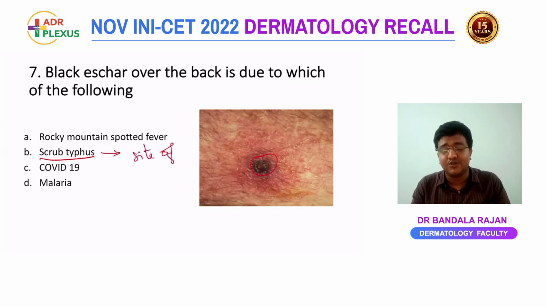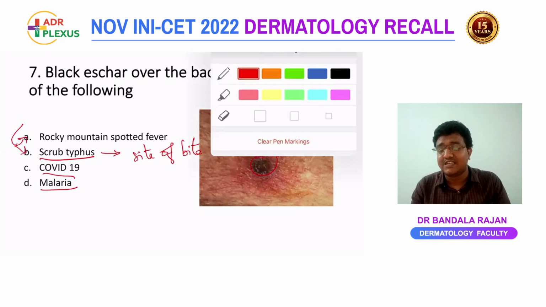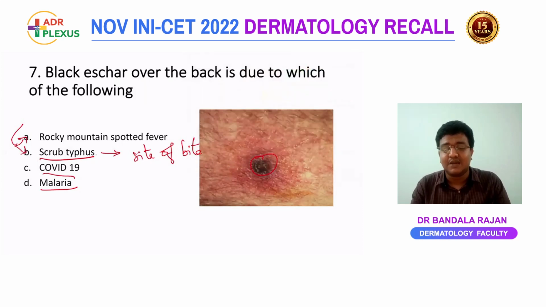Here, the most confusing options are scrub typhus and Rocky Mountain spotted fever, because we know COVID-19 and malaria don't have eschar. Only these two options are confusing. Among the rickettsial infections, only scrub typhus and rickettsial pox both lead to black eschar. Rocky Mountain spotted fever doesn't have black eschar.